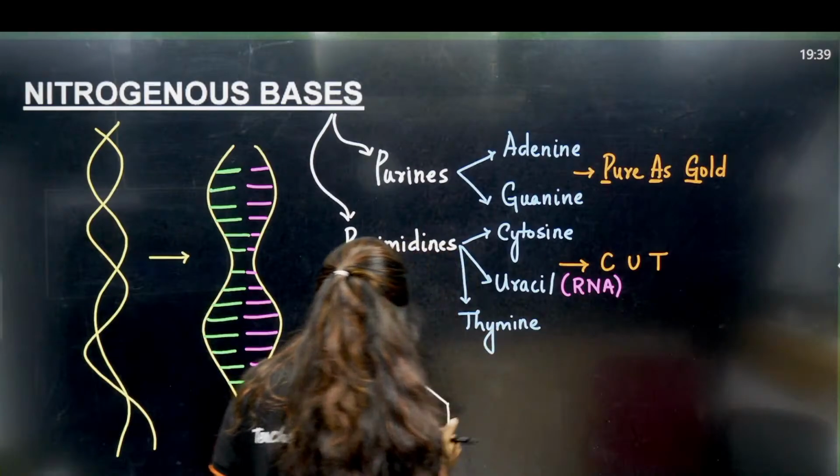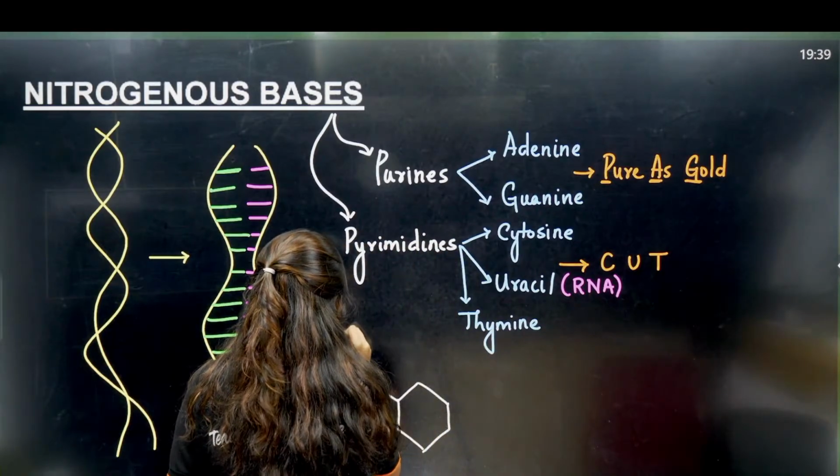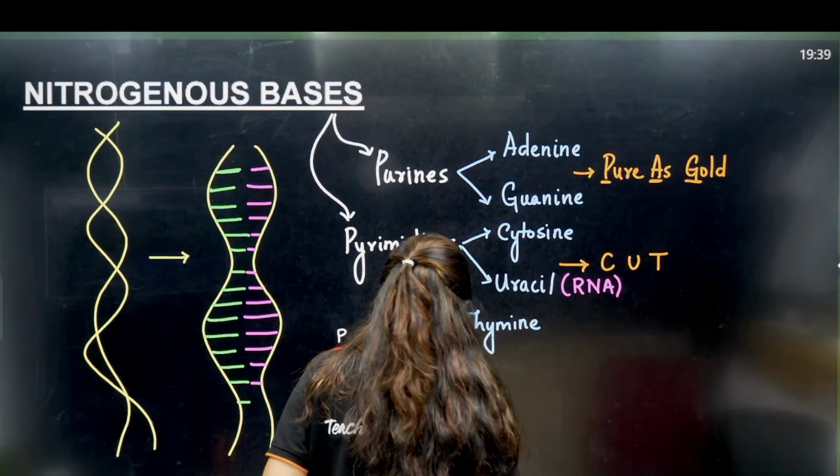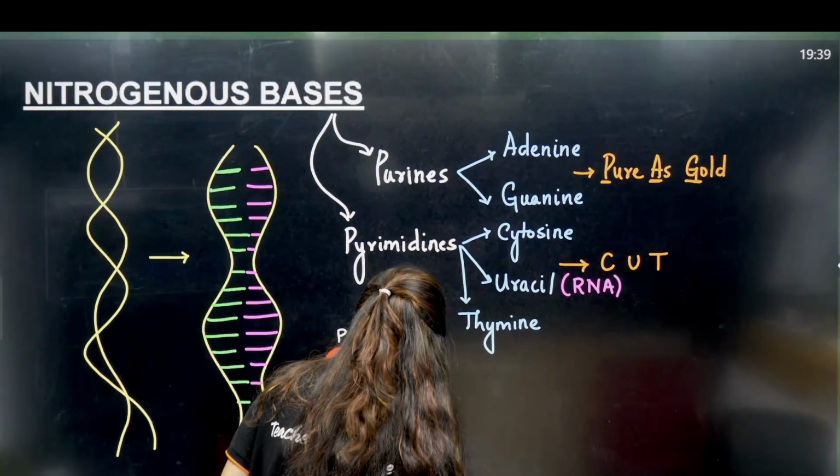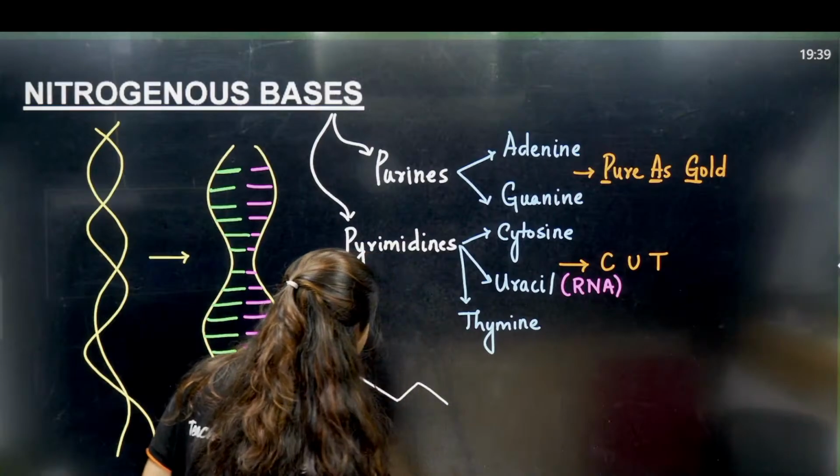A sugar. So this is going to be your P, this is going to be the sugar, and then that sugar attached. I think I should draw the sugar with a different color.